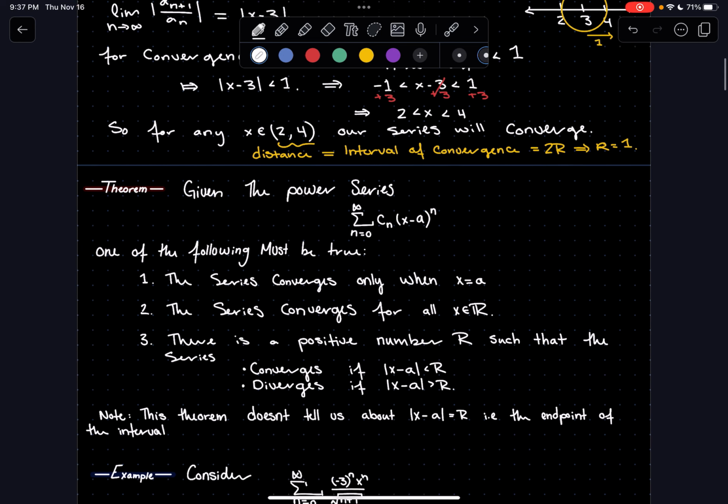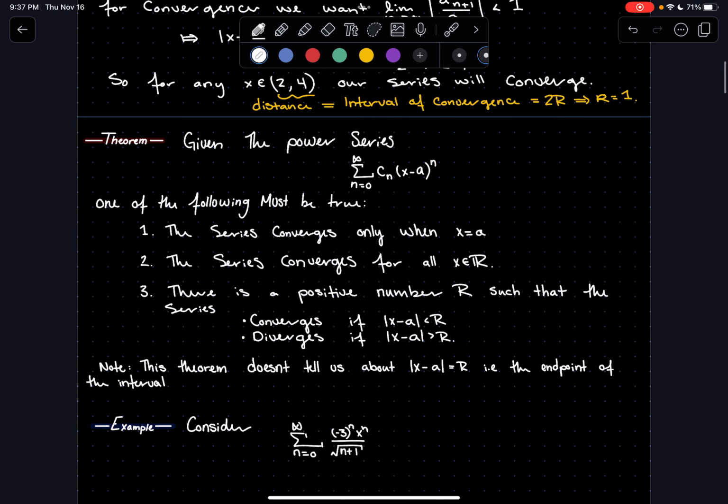So one of our theorems says that, given this power series, and this is just a general power series, I wrote it a little different than before just to expose you to some other letters, but it's exactly the same. It's the series from n equals 0 to infinity of Cn times (x minus a) to the n. One of the following must be true.